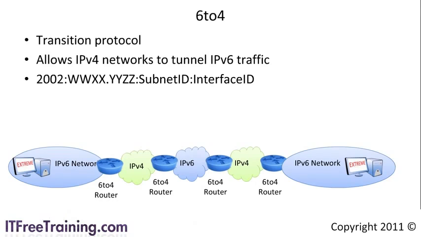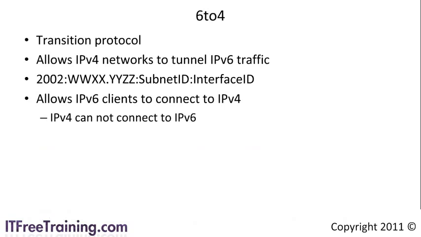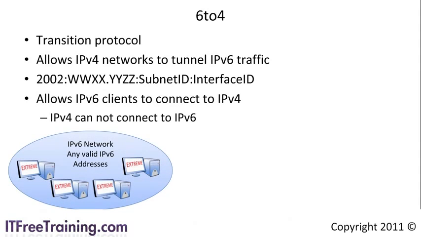Using 6to4 also allows your clients to connect to IP version 4 hosts. However, IP version 4 hosts will not be able to connect to IP version 6 hosts. Using 6to4, you could do the following. The computers on the IP version 6 network can have any valid IP version 6 address. The 6to4 router has one valid 6to4 IP address.